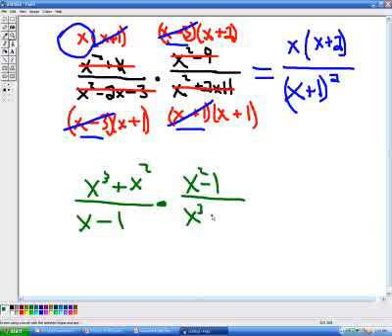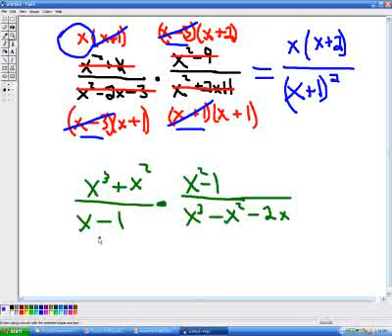Yeah, we'll make it cubed. Minus x squared minus 2x. There. Yeah, that's what we'll work on.